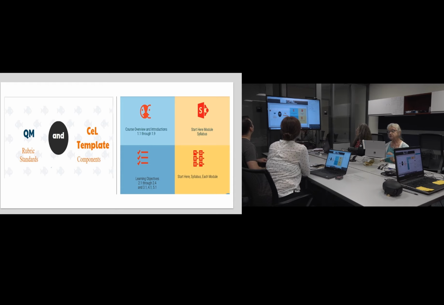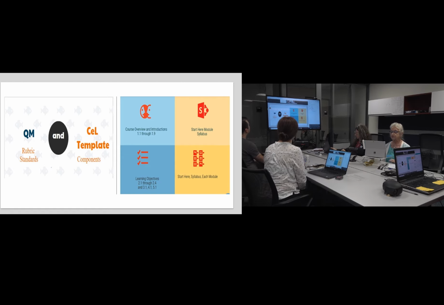The Start Here module and the syllabus are both things, as Enid mentioned, that are definitely a part of the standards and intended to be in the course to assure student success. And the learning objectives pop up in every one of the standards, standard 2 and 3, 4, and 5.